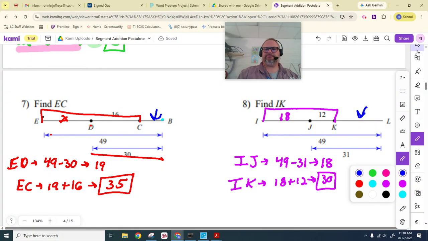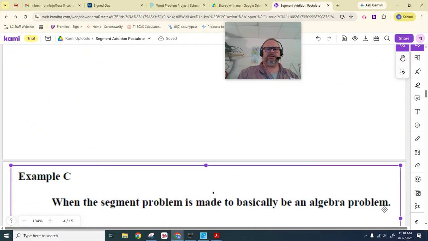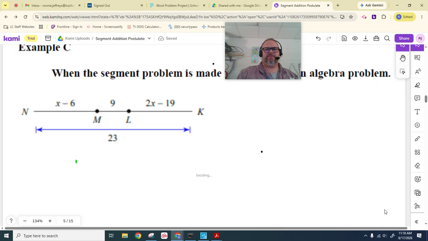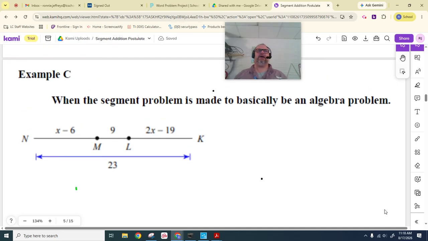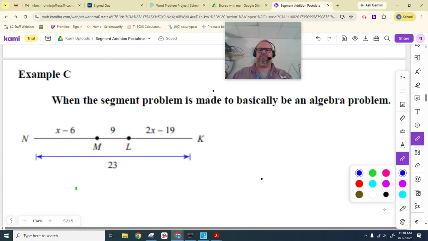Now we're getting into the fun stuff. As I stated earlier, a lot of your problems, you're going to add something to equal something, or you're going to set them equal to each other. This whole segment is 23.